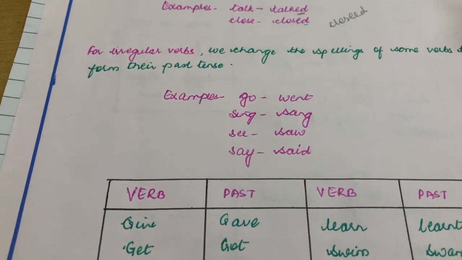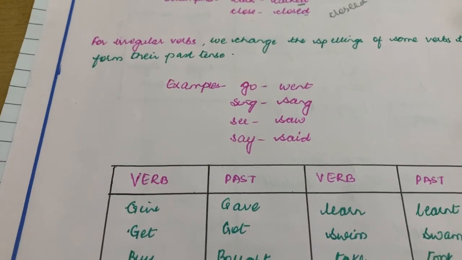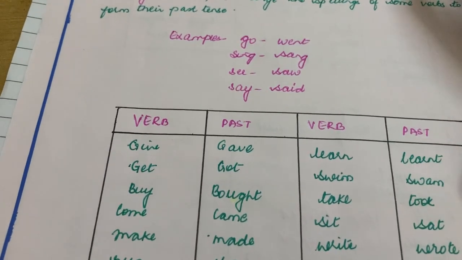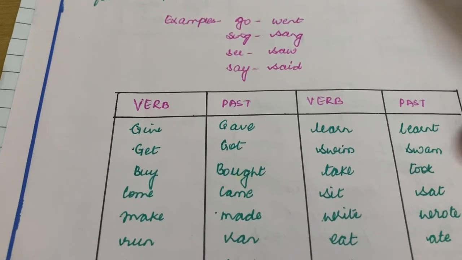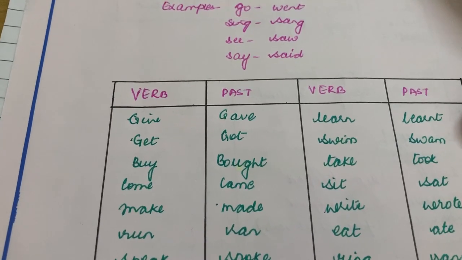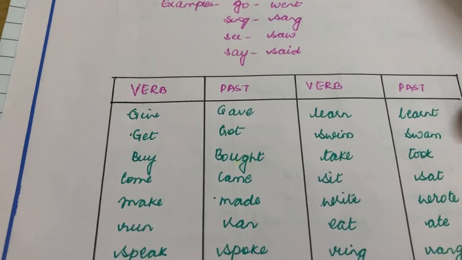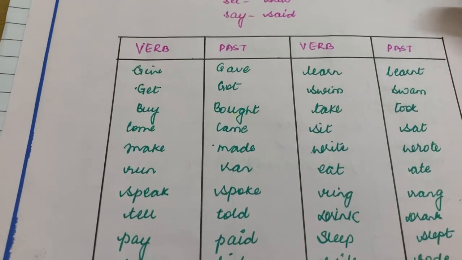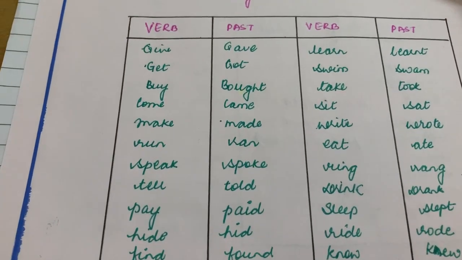For go, it's went; sing, sang; see, saw; say, said. Give, gave; get, got; buy, bought. Come, came; make, made; run, ran. Speak, spoke; tell, told; pay, paid.